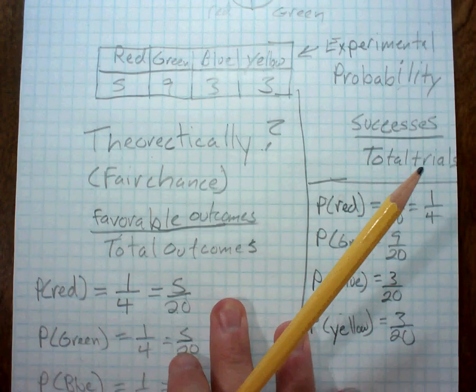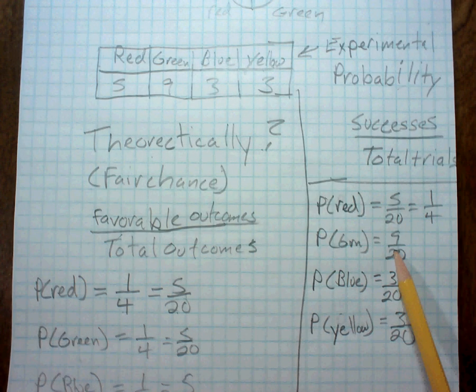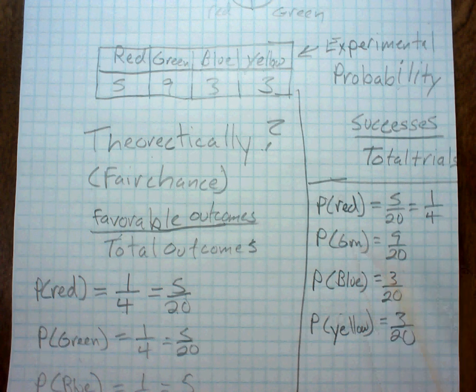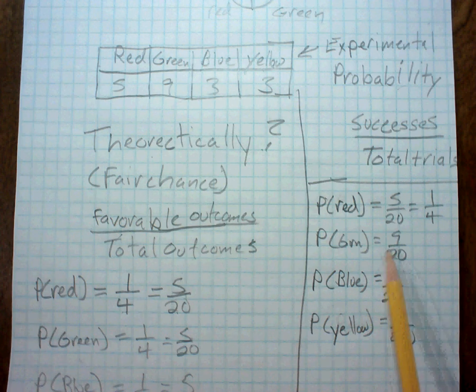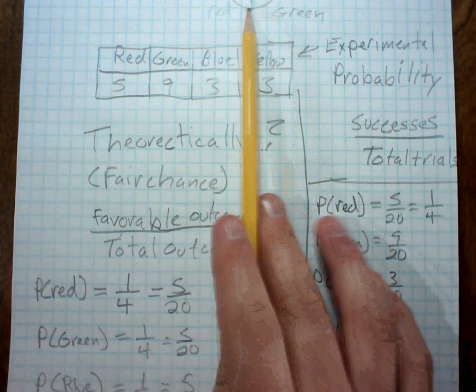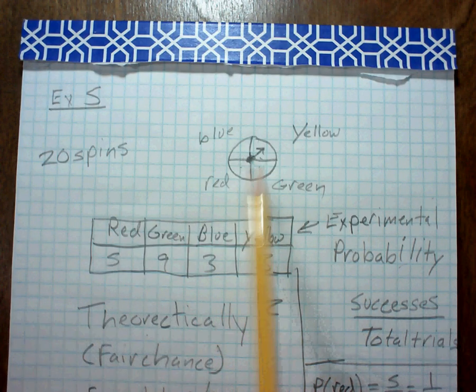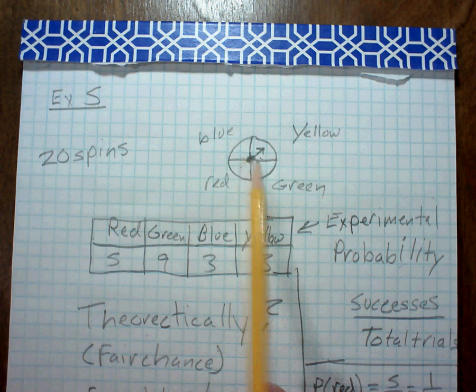If you look at this, we see that for green, the theoretical was 5 out of 20, but in reality it was 9 out of 20. So the experimental is what really happens. These don't always match up. Now, if I were to guess, maybe there's something in the spinner mechanism causing it to stick on the green.